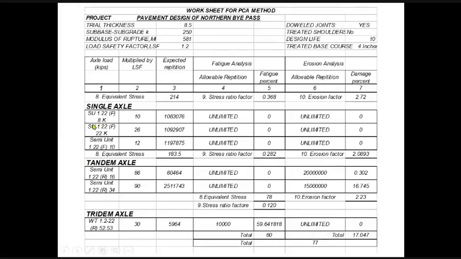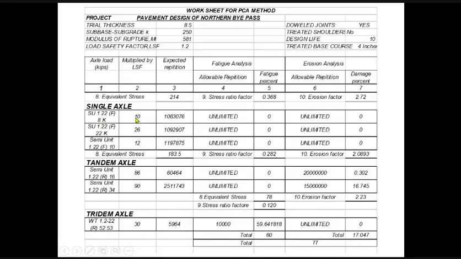Then there was a truck. We have this single unit truck 1.22. Again, that was the front axle was 22 kip. And then we had a semi-unit truck in which the front axle has got 1.22.